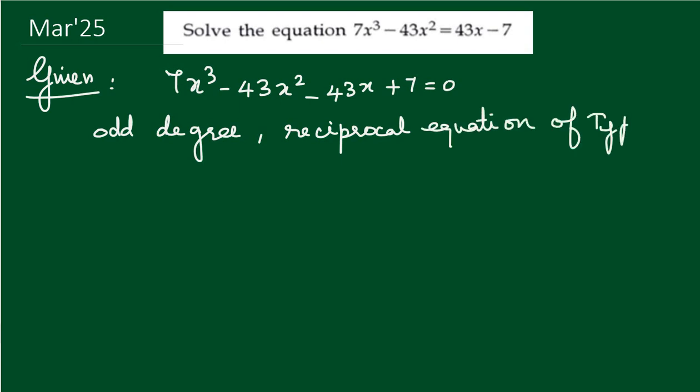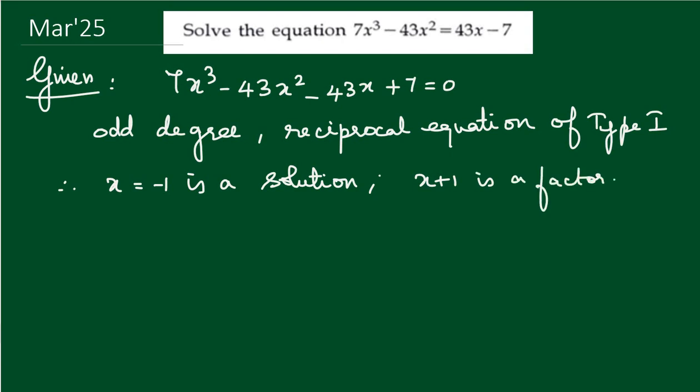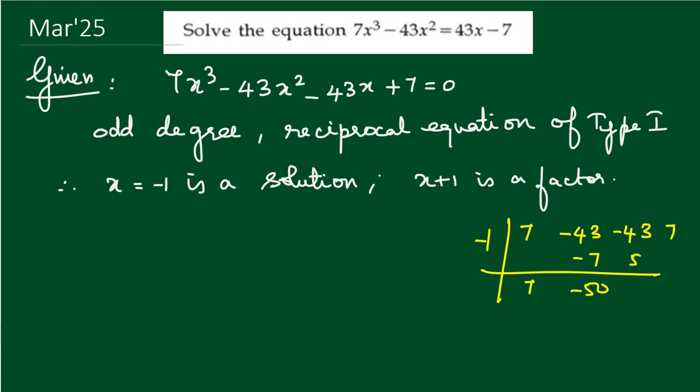Therefore, we can say x is equal to minus 1 is a solution of the given equation, and therefore x plus 1 becomes a factor. If x plus 1 is a factor, we divide. The coefficient of x squared is minus 43, x is minus 43, and the constant is 7. Divide by minus 1, we get minus 7, minus 50. So here minus 50 into minus 1 gives plus 50, plus 7, plus 7 into minus 1 gives us minus 7, 0 is the remainder.